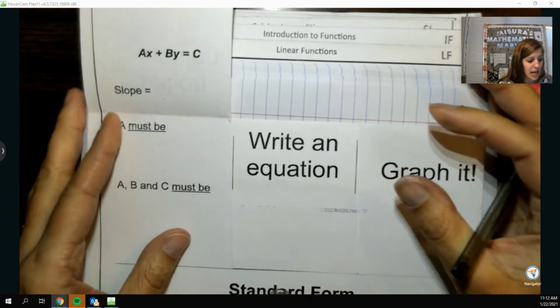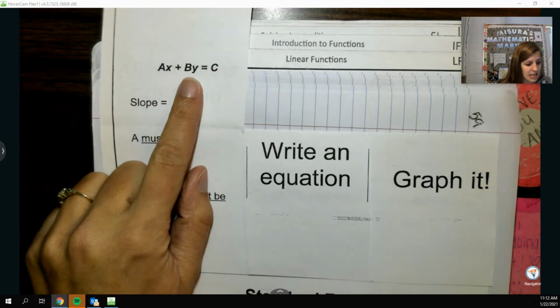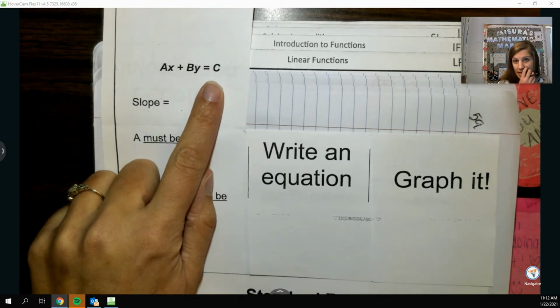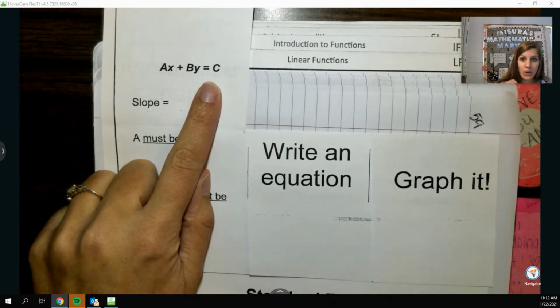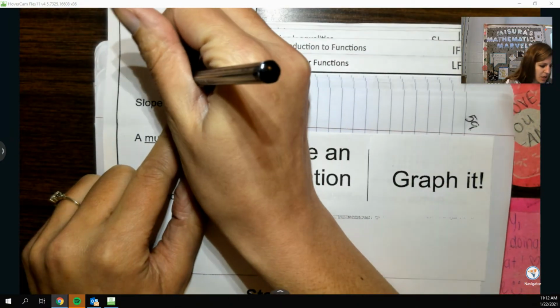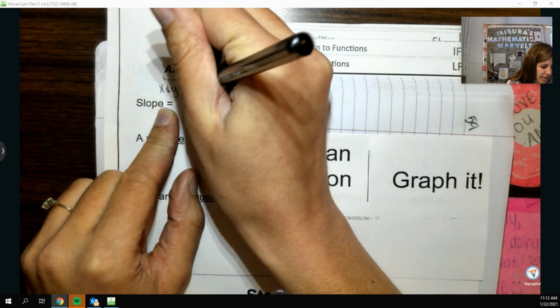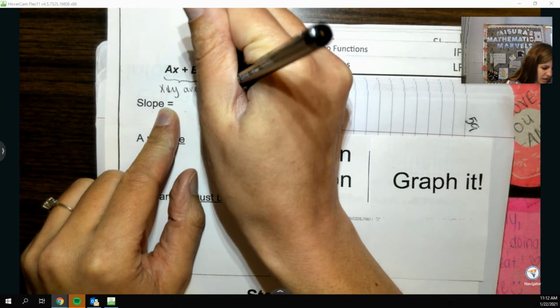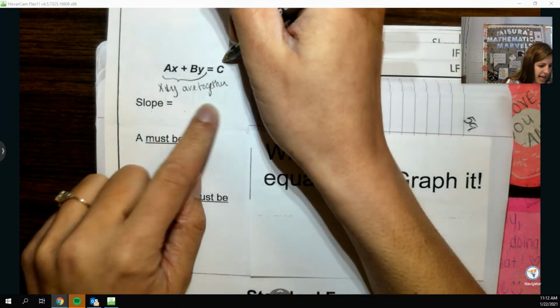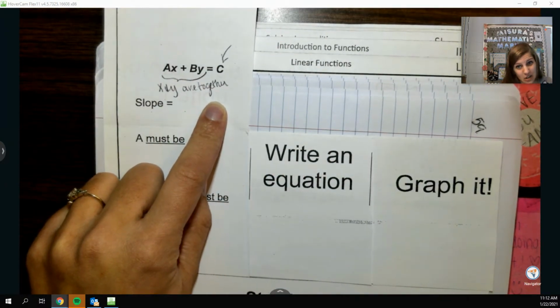So, firstly, standard form looks like this: ax plus by equals c. The important thing to notice about standard form is that x and y are together on one side, and then on the other side, it's just a single number by itself.